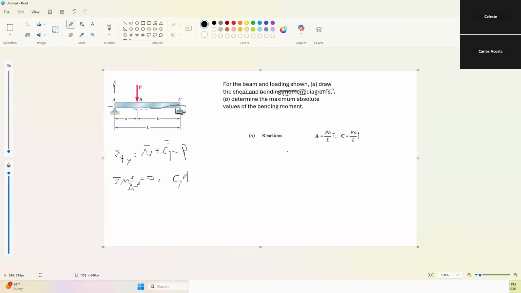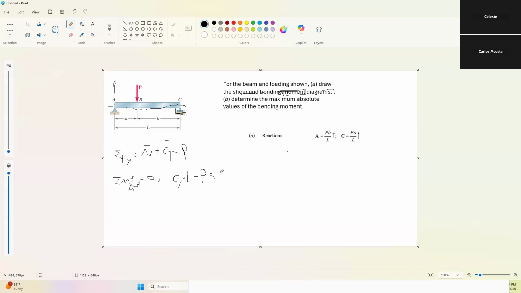That should be clear by now. And then minus, because it's going in the opposite direction, P times a. We're going to take the moment there because that's where you have the most forces, A, and because it's the fixed point.